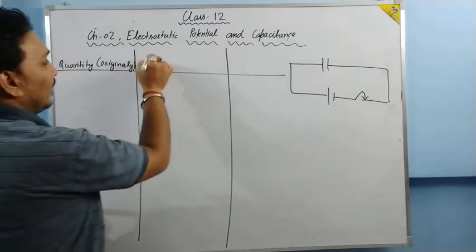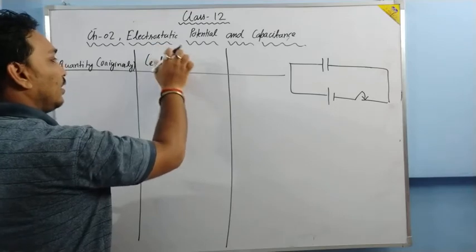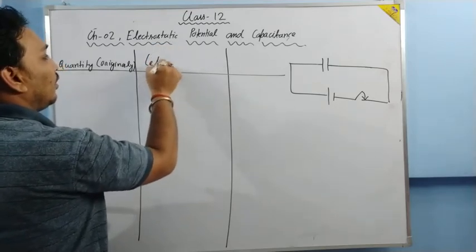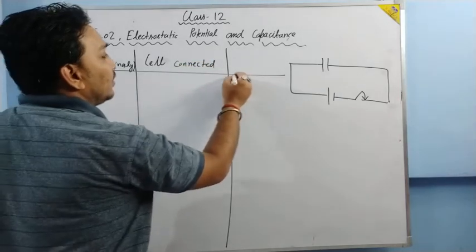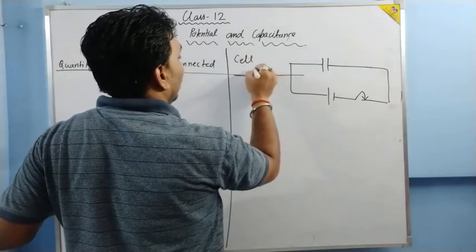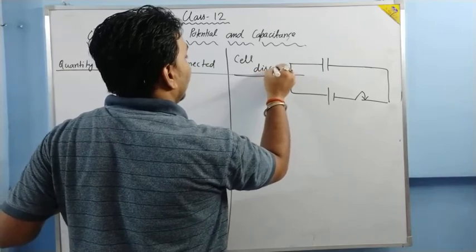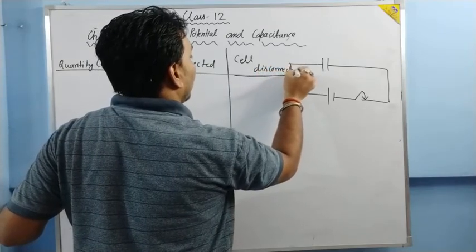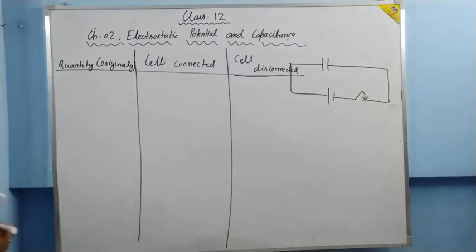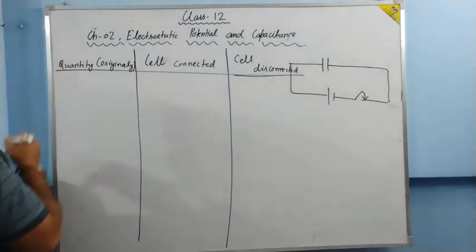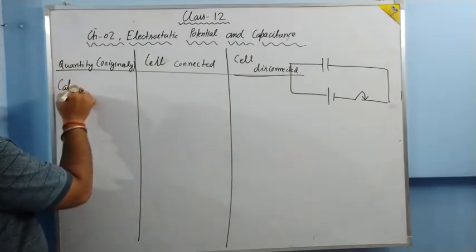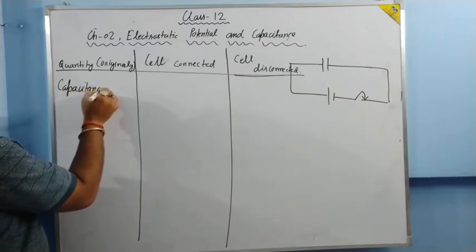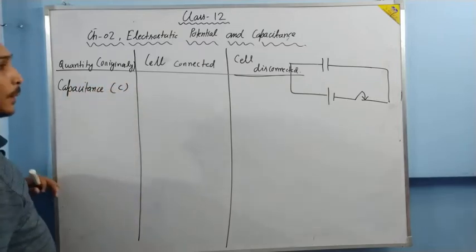In this case, cell connected, and in this case, cell disconnected. Okay. So first of all, let us understand about the capacitance. Capacitance, let us discuss first. Capacitance. Earlier it was C.